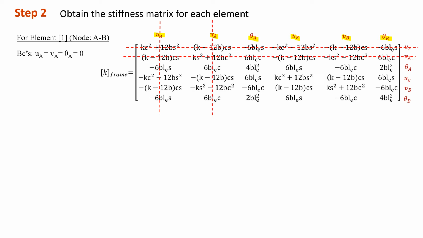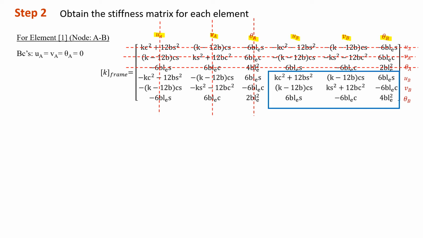We also can do the same thing for column and row VA, and also for column and row theta A. So that for element 1, we just need to solve these 6 parameters.